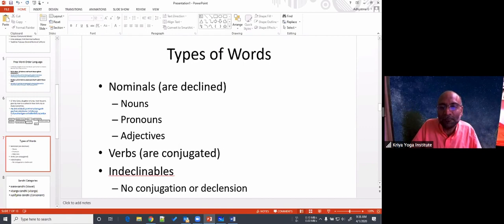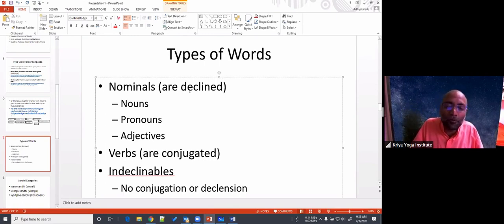Declined is a technical grammar term, not a technical Sanskrit term. If you study the grammar of any language, you would come across this word, declensions or decline. That simply means that I take the form of a word and change it.